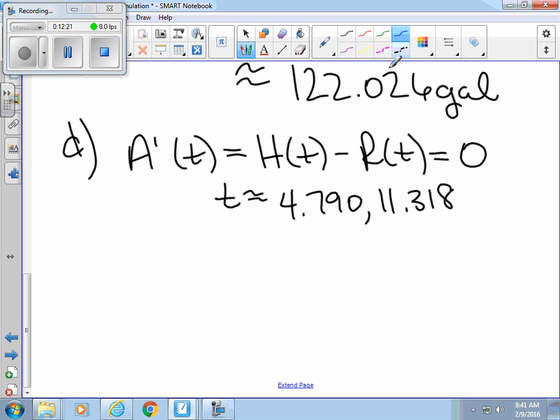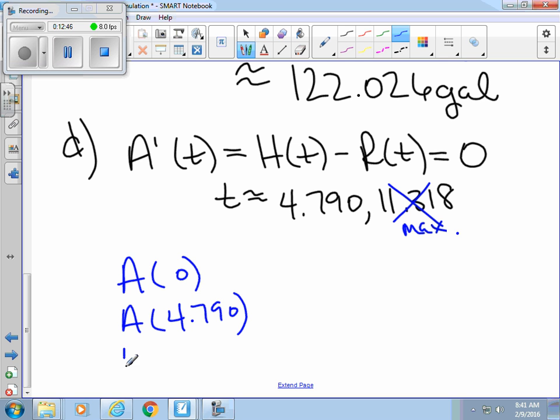The AP rubric eliminates this one as a relative max. Is it asking for min? So yeah, that one's a maximum, so they don't check it. It's okay if you did check it, but it's nice to eliminate that so you don't have as much work. So I'm going to find A of 0, A of 4.790, and A of 12.